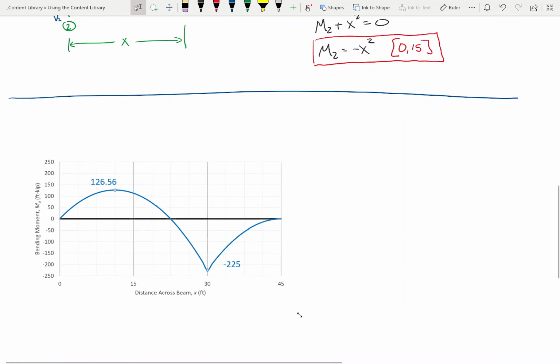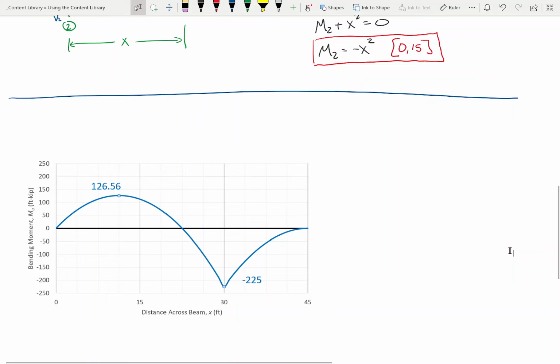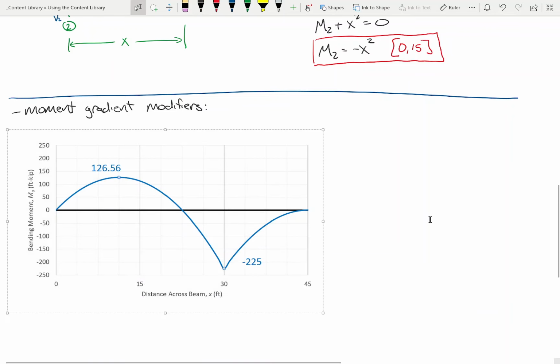So now that we've got our moment functions, let's see if we can do some figuring here. We're going to be calculating moment gradient modifiers. If you would permit me, this is our moment diagram, but this moment diagram corresponds to the following beam.